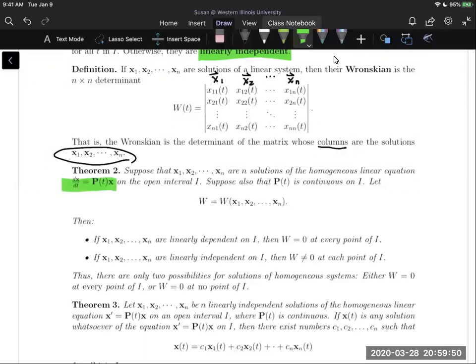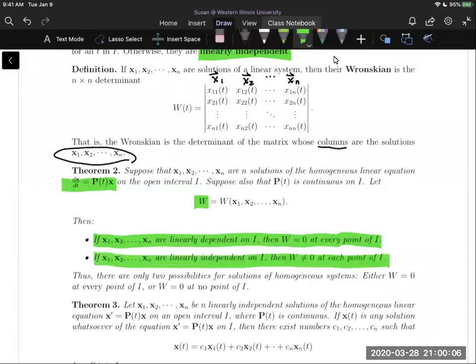All right, then if we let W represent the Wronskian, if x1 through xn are linearly dependent, then the Wronskian is always 0. If they are linearly independent, then the Wronskian is always non-zero. So this is really what we're looking for. We hope for a non-zero Wronskian so that we can conclude linear independence.